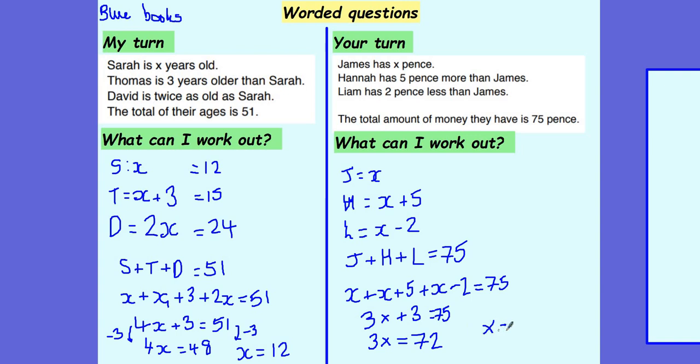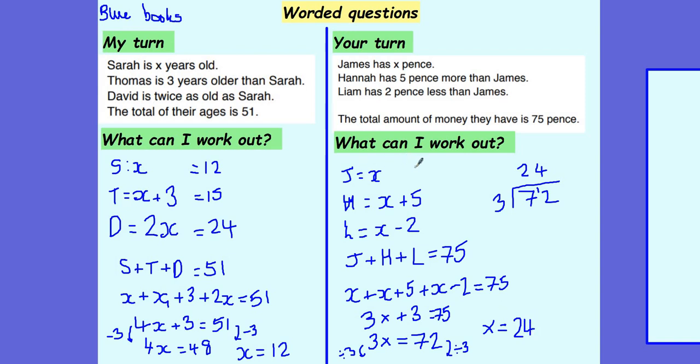And then finally, I need to divide both sides by 3. Let's do a little sum. 72 divided by 3. 3's into 7 go how many times, Ben? 2. Lovely. Remainder 1. 3's into 12 give me 4. So x in this case is equal to 24.